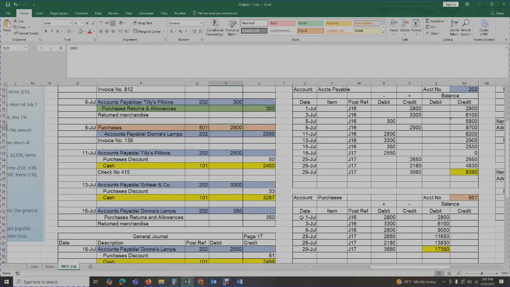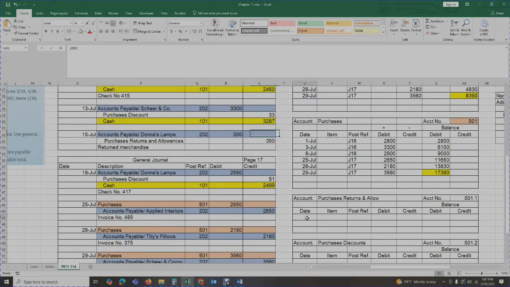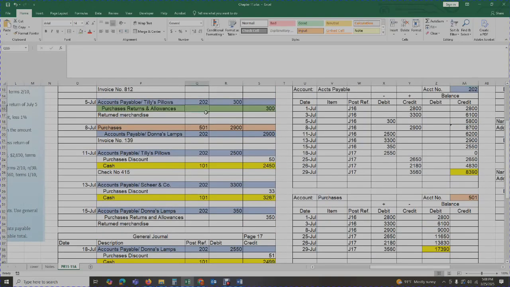Remember, your normal balance for purchases, returns, and allowance is a credit. So this is happening on July the 5th. This is on journal 16. And we have a credit of $300. Okay. My account number, it's 501.1. So I'm going to go back and I'm going to put 501.1.